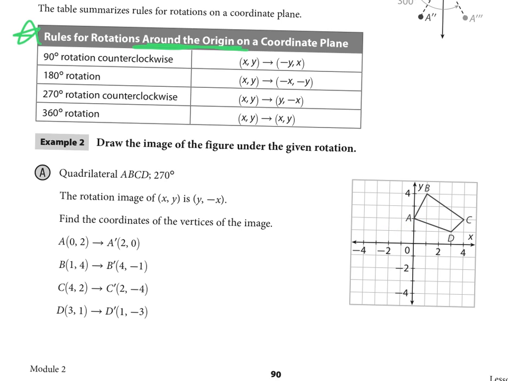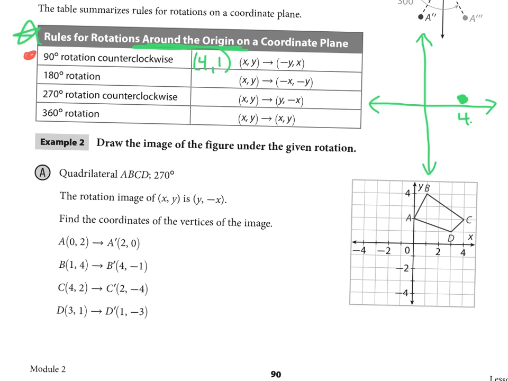Now I just want to draw a graph over here, and I'm going to place a point right here. Let's call it 4, 1. We'll write it right there. If we look at a 90-degree rotation, and remember each quadrant is worth 90 degrees, the whole circle is worth 360.